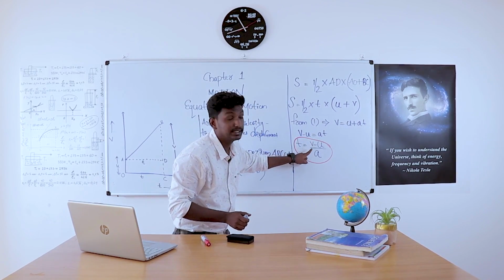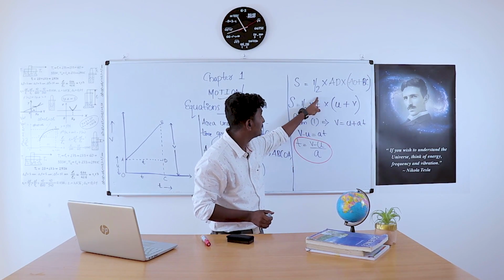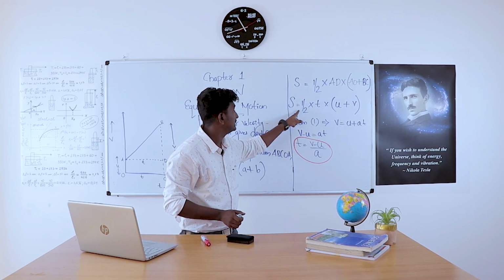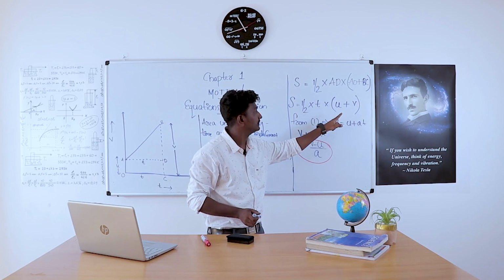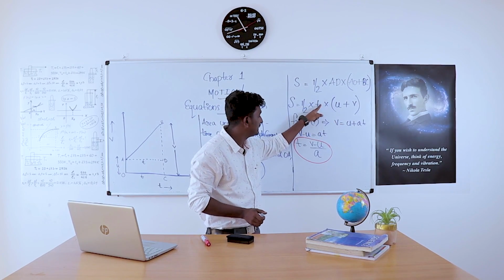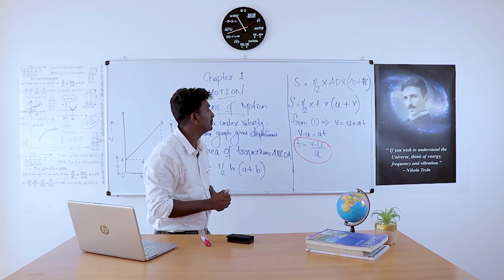Just substituting this value in place of t in S is equal to half into t into u plus v. I am substituting t by v minus u by a.